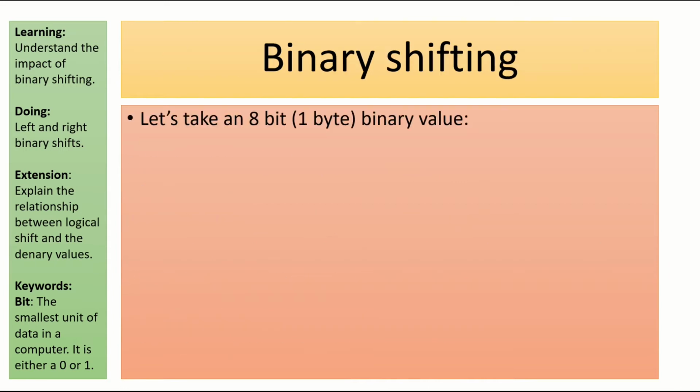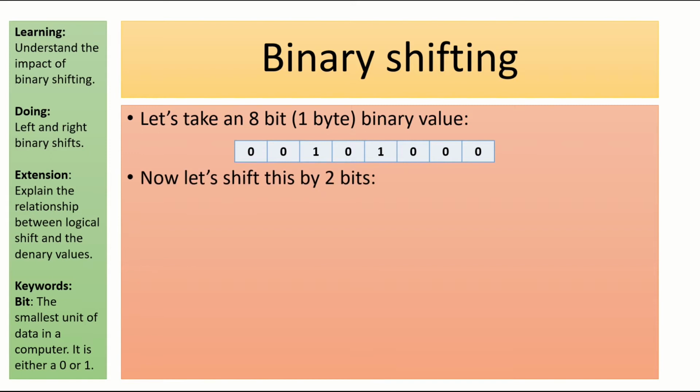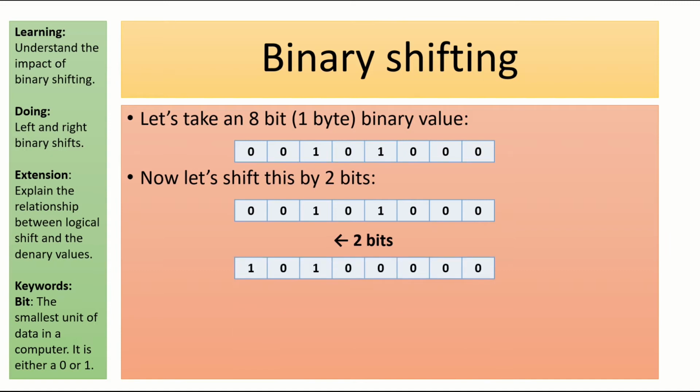If we had an 8-bit number, 00101000, and we shifted it by 2 bits to the left, it would become 10100000. All we're doing is shifting those values to the left.